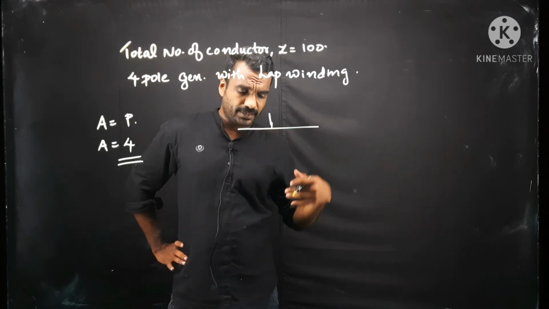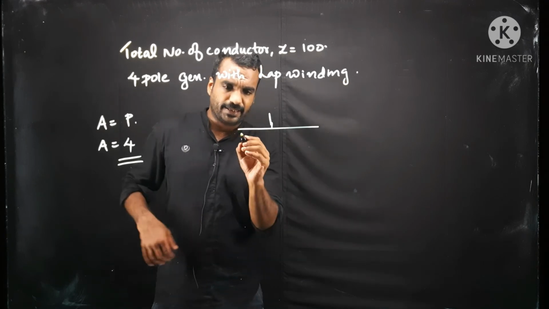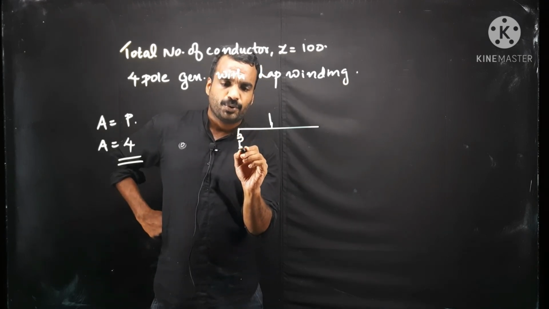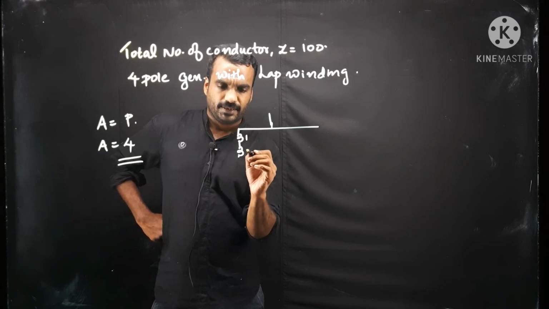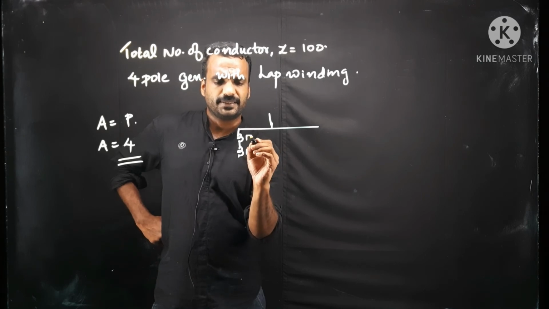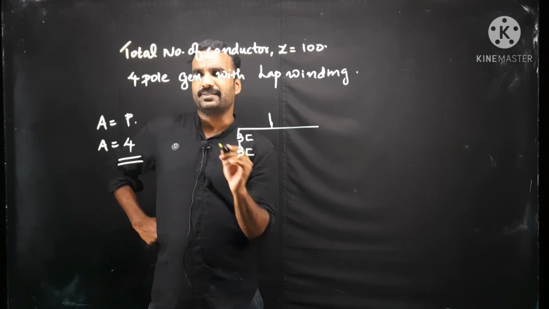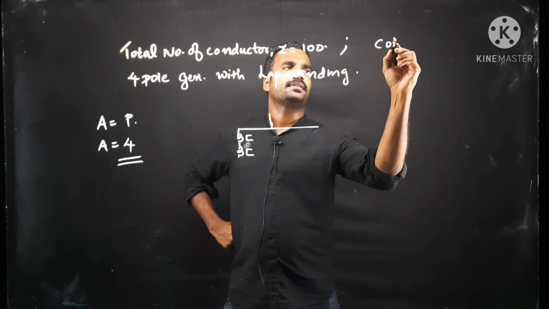If we remove the armature winding from the slots and draw it on paper, you can see this is one conductor. This is another conductor. Say this is a coil. I am drawing coils, because if we have 100 conductors, how many coils?